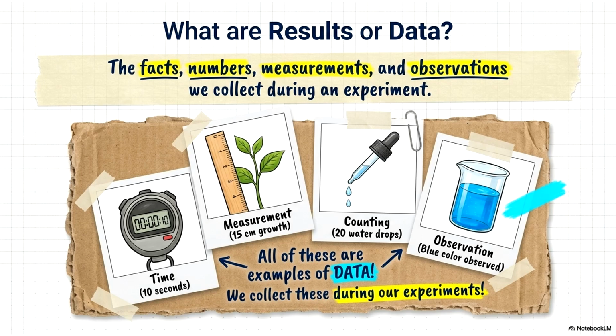Data is the information that we collect during an experiment. Data can include measurements, numbers, counts, times, and observations. For example, measuring a plant's height, counting water drops, recording time with a stopwatch, observing changes in color.